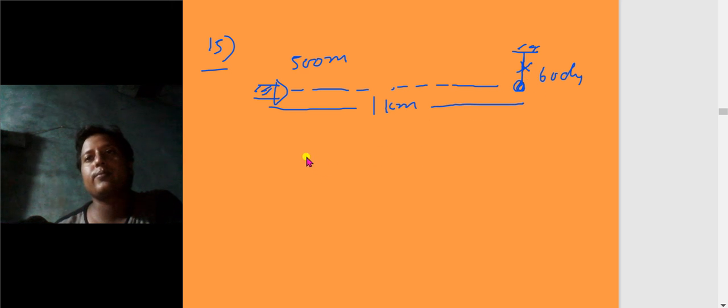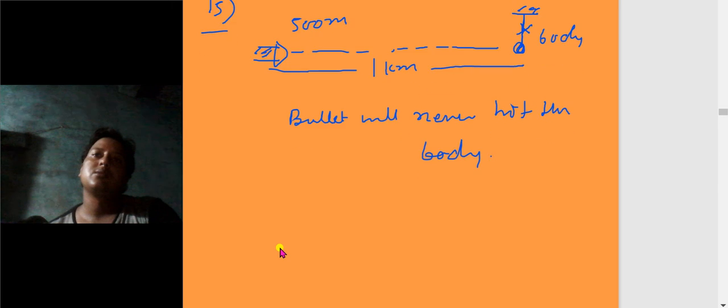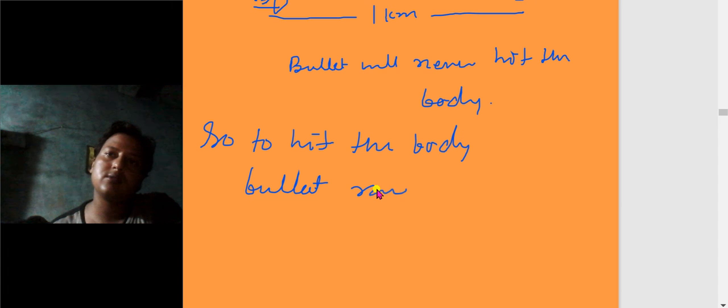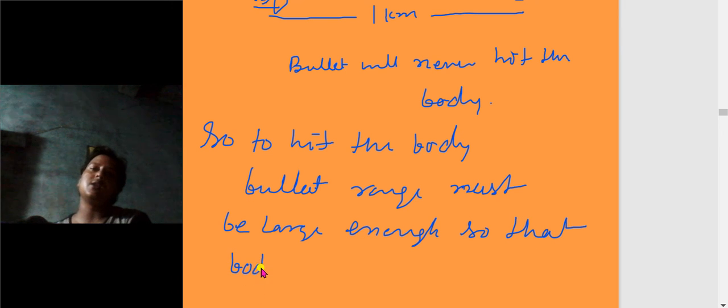After breaking, the bullet will never hit the body. So to hit the body, the bullet range must be large enough so that the body comes in its range.